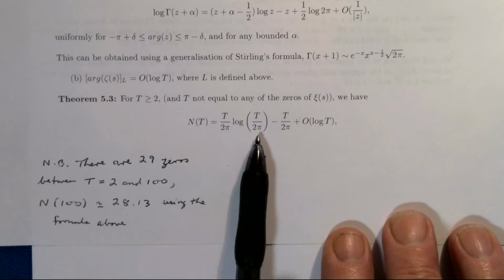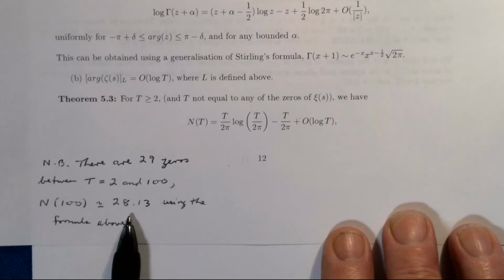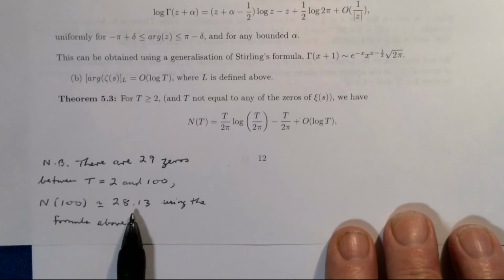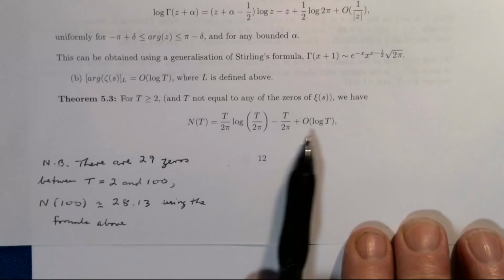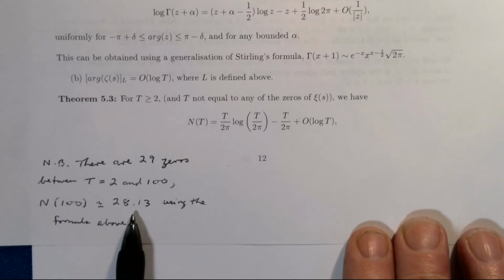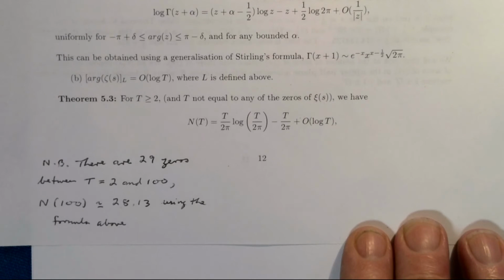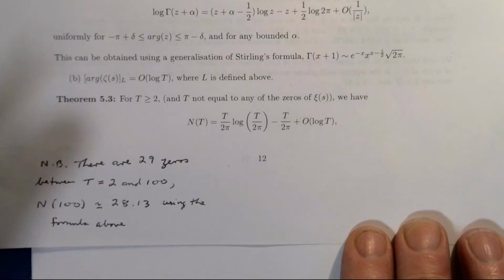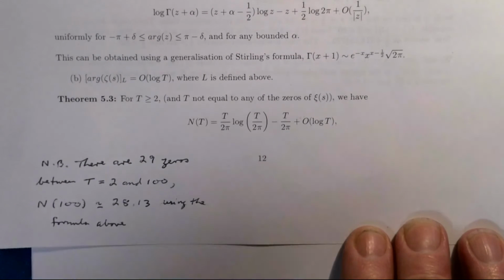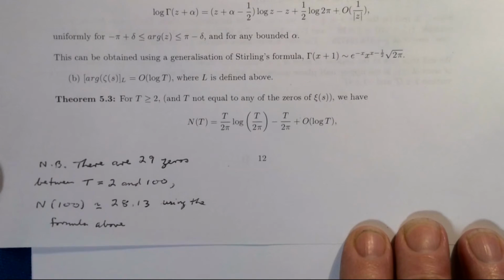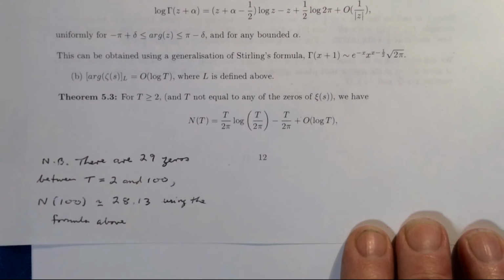And that ain't bad. You've got 29 and 28.13, the formula says. So even though it's big O log t, it's not a bad approximation to the number of zeros. So that's what we're going to have a go at proving now. And again, the proof's slightly technical, but it's got a couple of nice ideas in it, so it's worth including here.